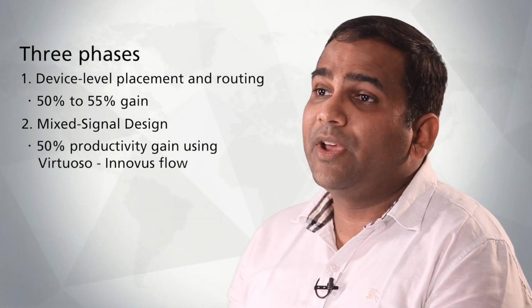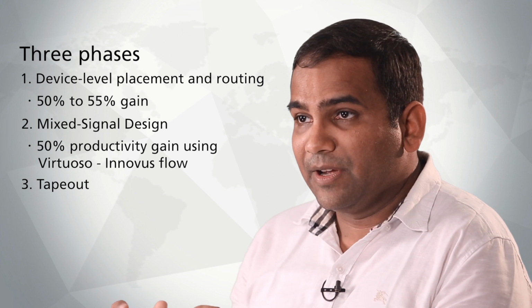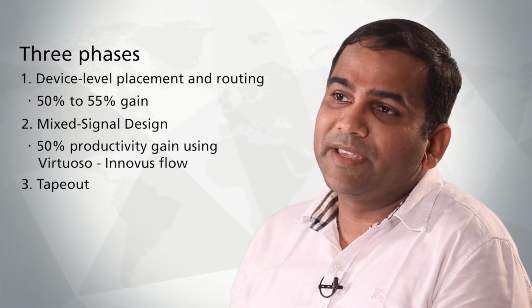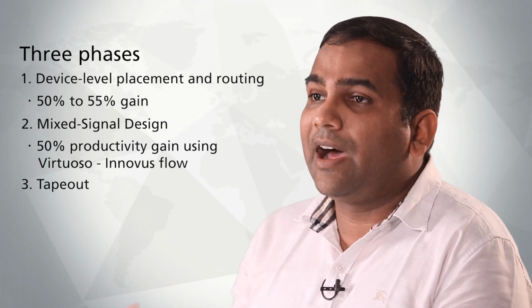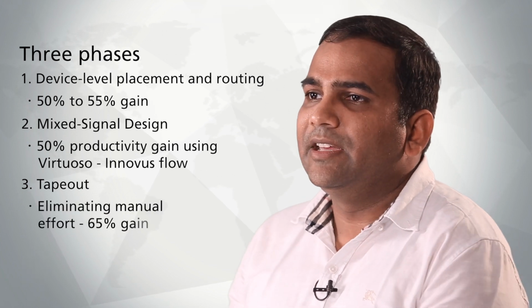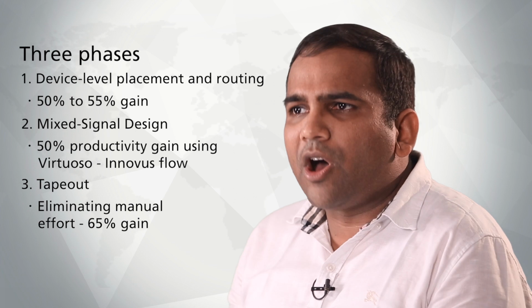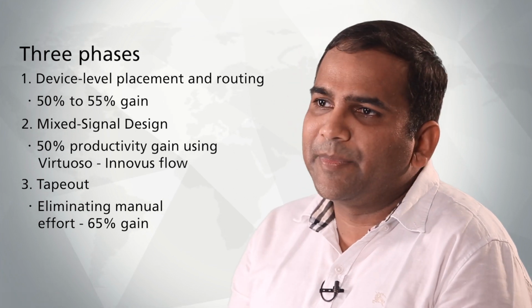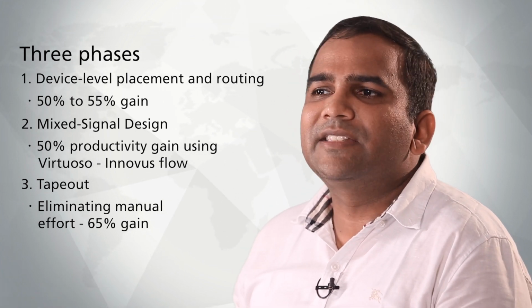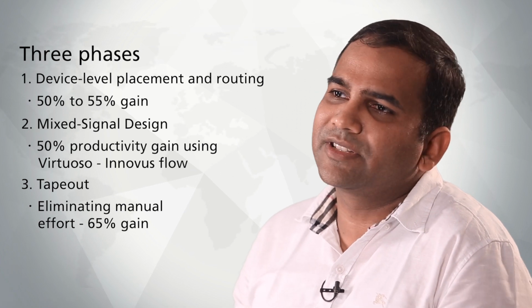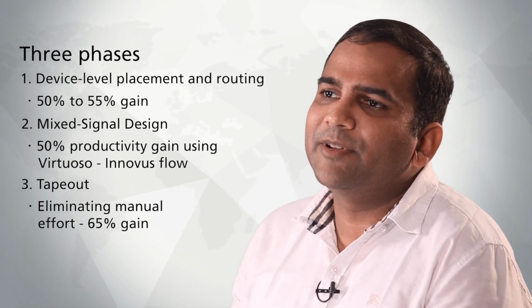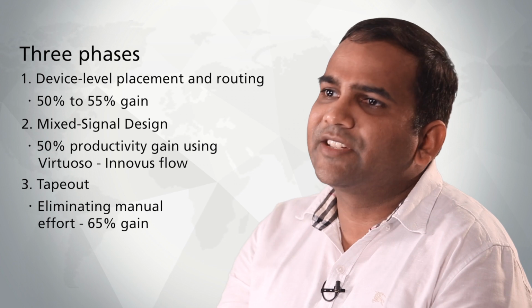And the final one, when we are taping out the test chip for this analog or mixed signal IP, the gains are pretty high because we are getting away with the manual efforts, which is something like a 65% gain. Overall, in the total implementation of the mixed signal IP, the gain is somewhere close to 56 or 60% that we are able to observe for the advanced technology nodes of 28 or 22 nanometer.